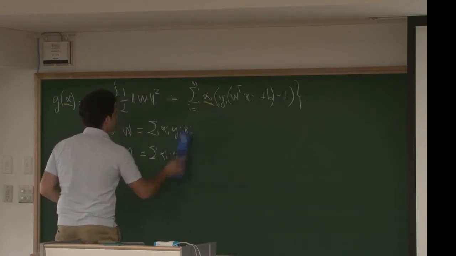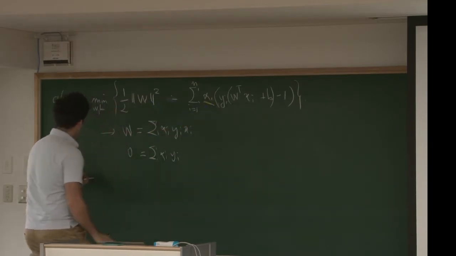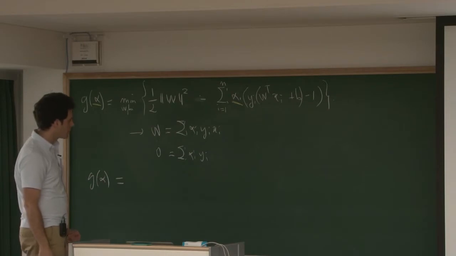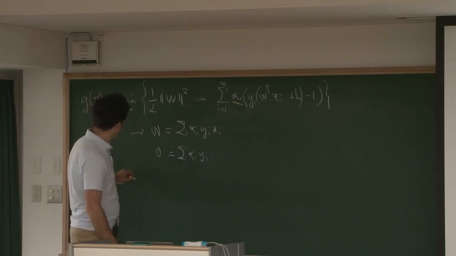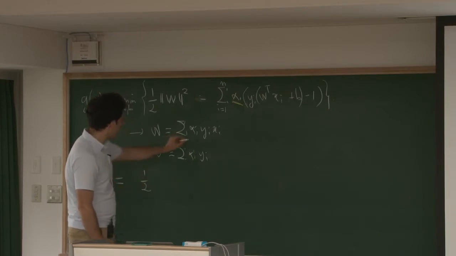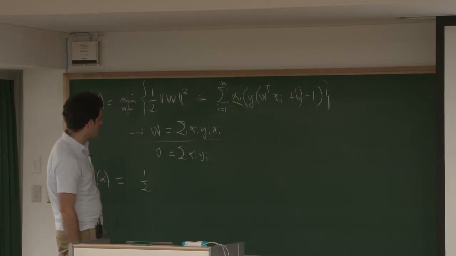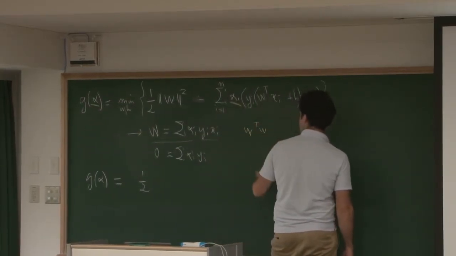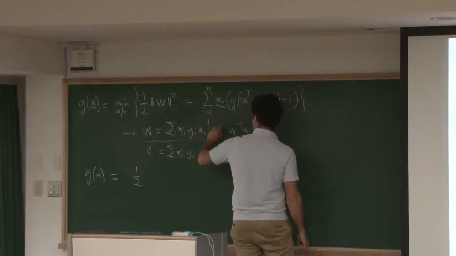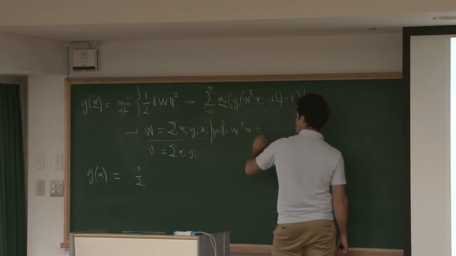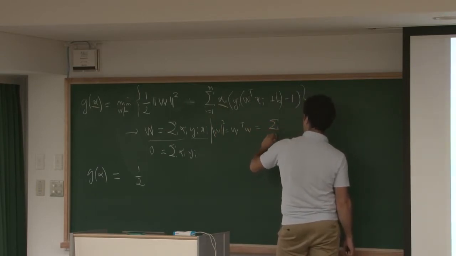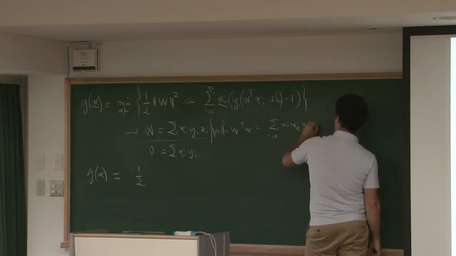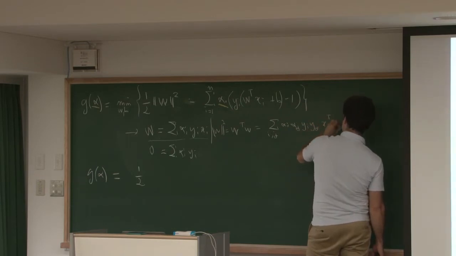So let's just fit this into this term. Then we have that G of alpha here is going to be equal to, I'm going to write the sum, this norm here is going to be W transpose W. So the norm of W is equal to W transpose W, and that's just the sum over I, J of alpha I, alpha J, yi, yj, xi transpose xj.